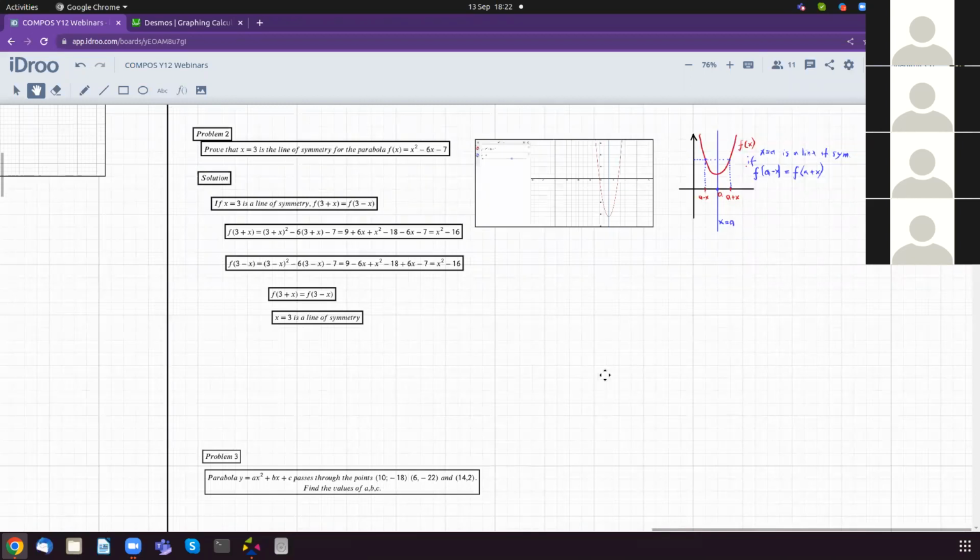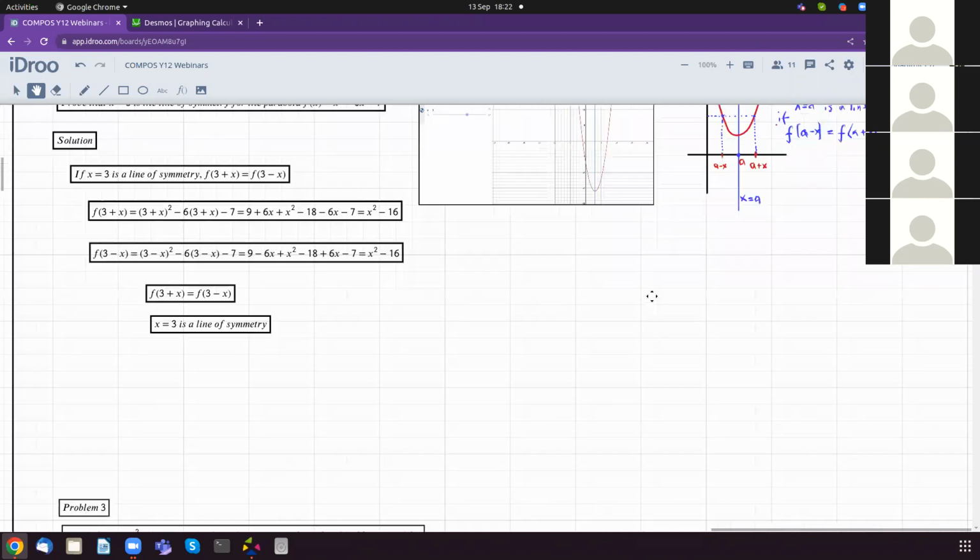But if you're talking about any kind of graph, for example, y is x to the power 4 plus 3x squared plus 2, if you want to prove that this graph has a line of symmetry, you need to use this method. And the line of symmetry would be x equals 0 in this particular case.